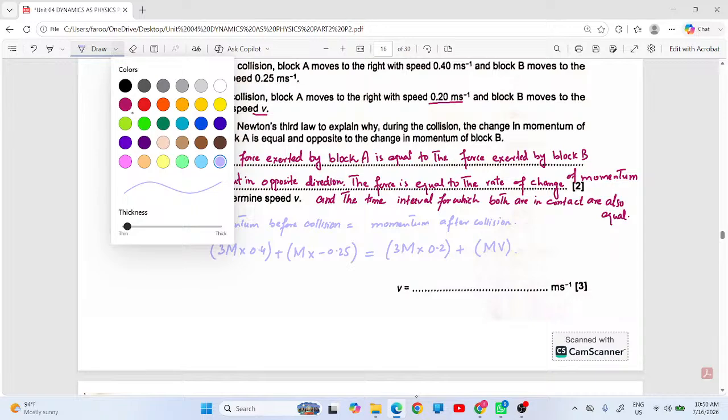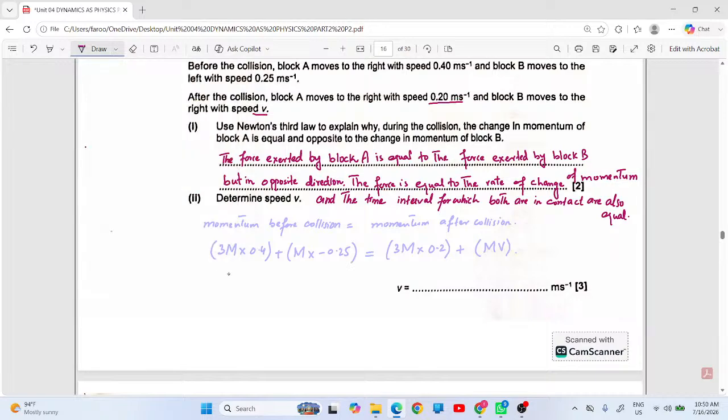So 1.2 m plus minus 0.25, equals to 0.6. So 0.95 m.